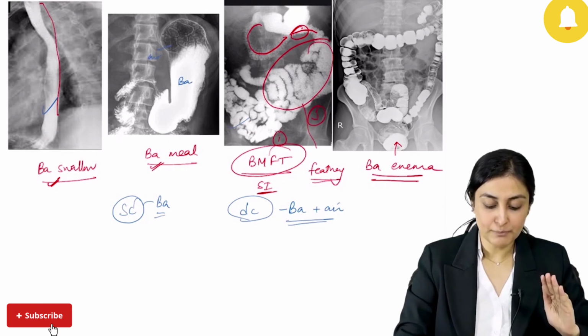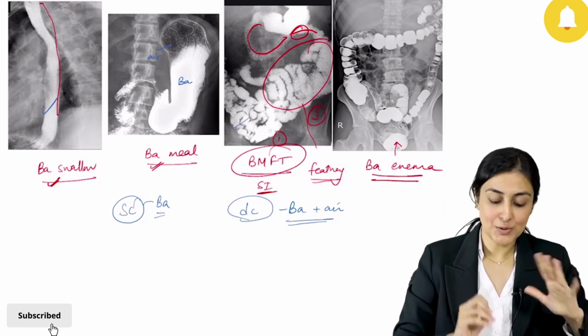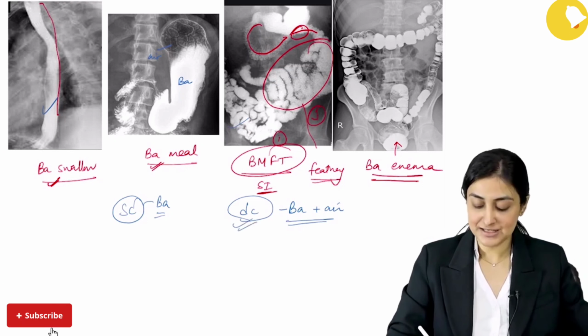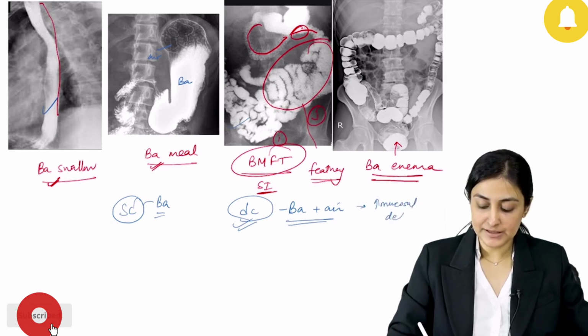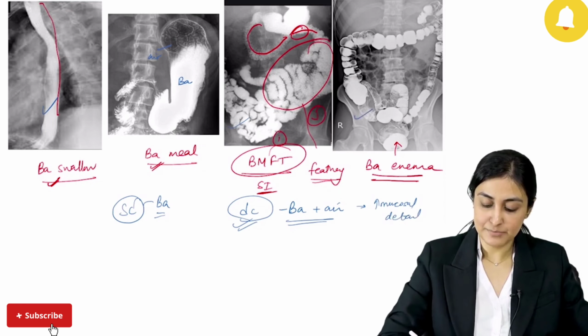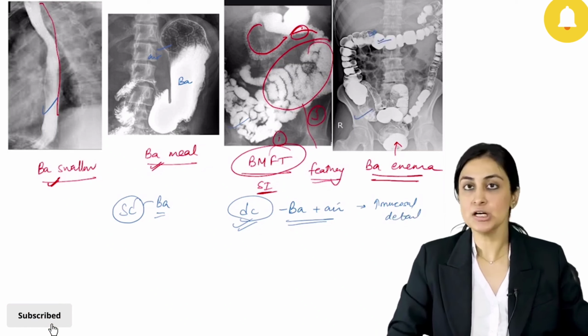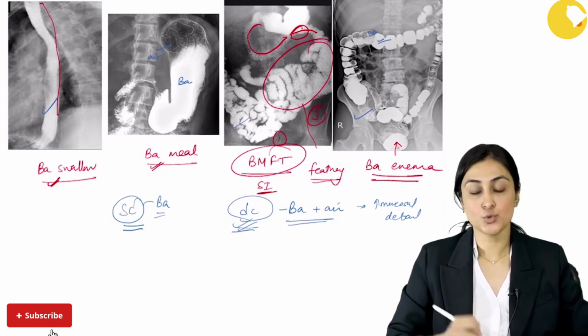Because of the mucosal coating of the barium and then air distending it, you have very good mucosal detail. That is where we use double contrast, and the advantage is it provides better mucosal detail. This is again an example showing double contrast, where you have air also, you have barium also within the lumen. So these are the two kinds of barium studies that we can do.